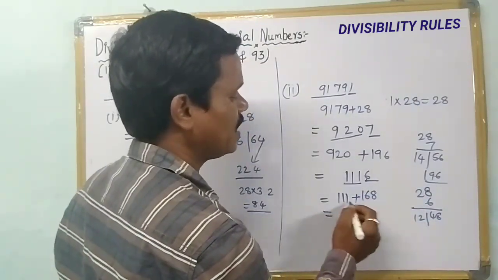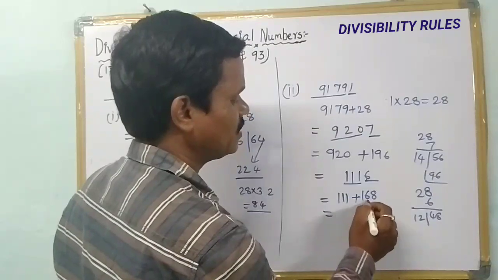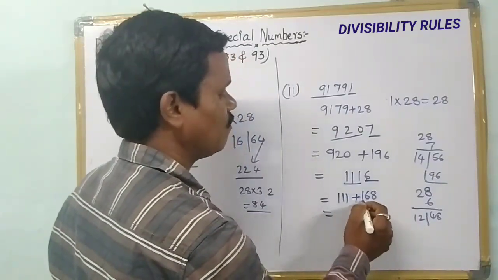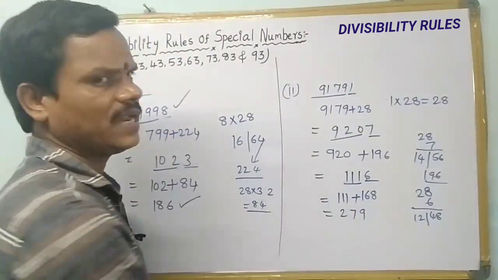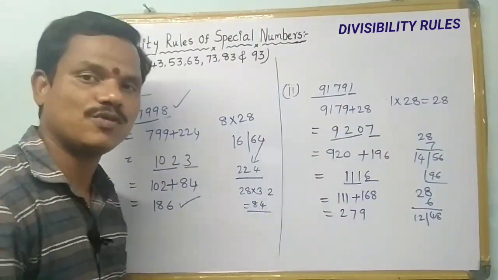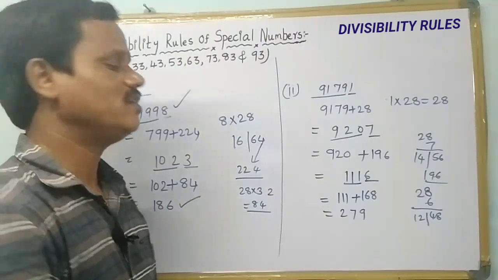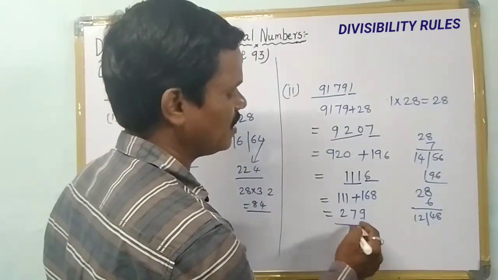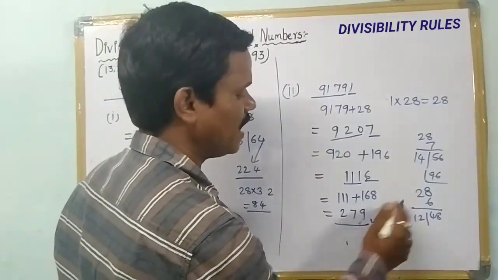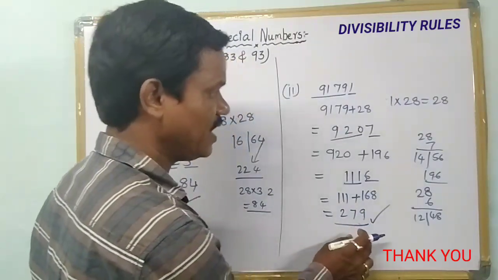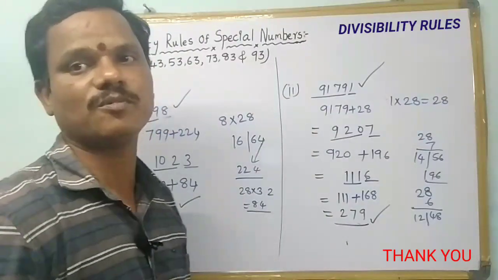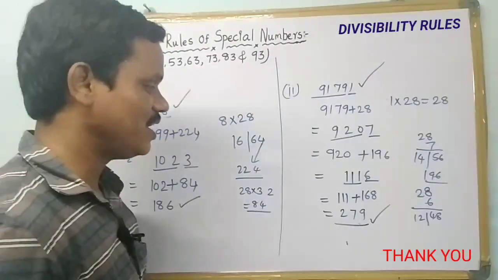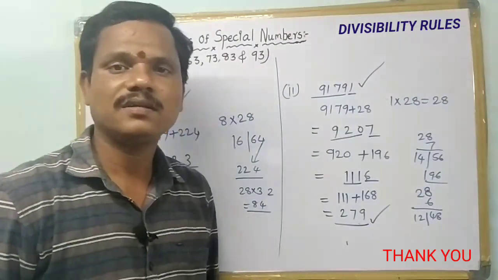Now adding: 111 plus 168 is 279. 93 times 3 is 279. So the last number is divisible by 93. So the given 91791 is also divisible by 93. Okay, thank you.